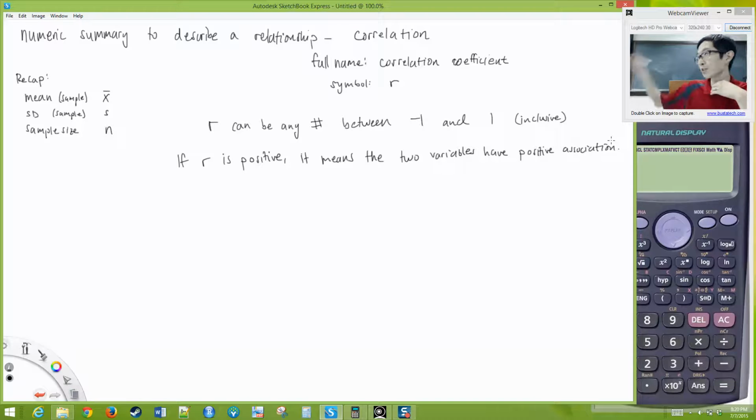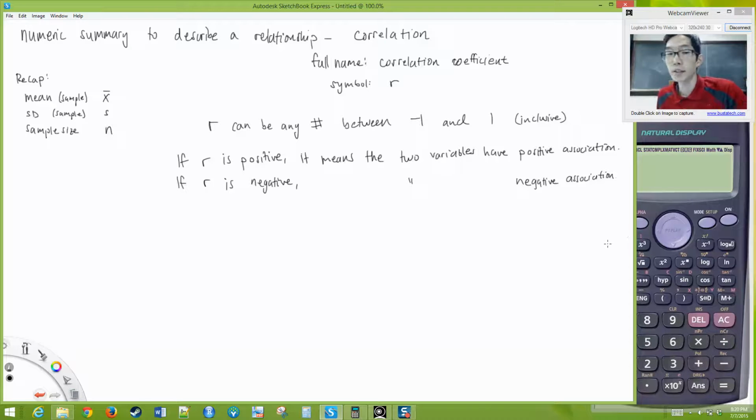Yeah, it goes up that way. Large X goes with large Y, small x goes with small y. And if R is negative, what do you think that means? The two variables have a negative association, right?